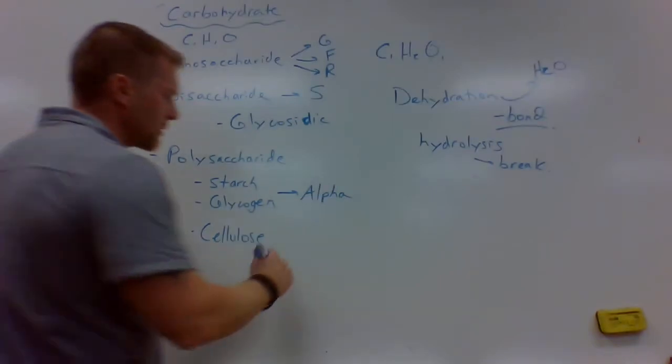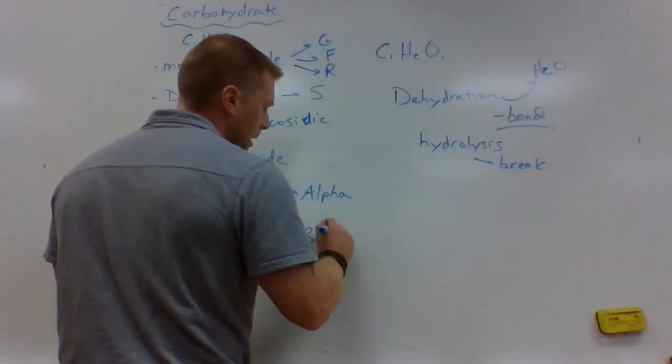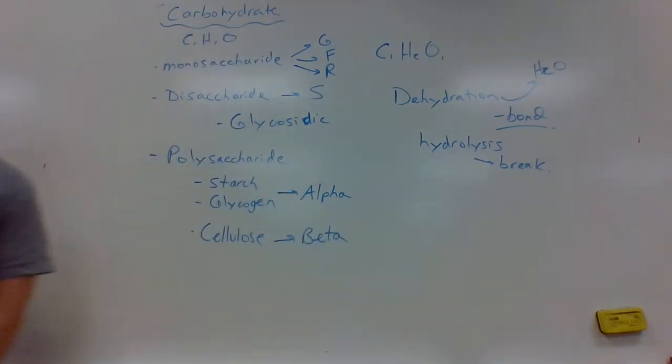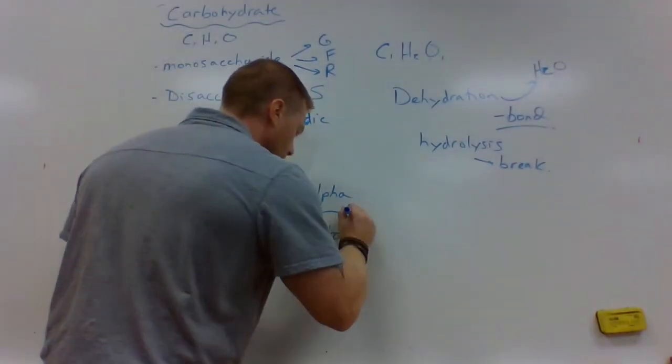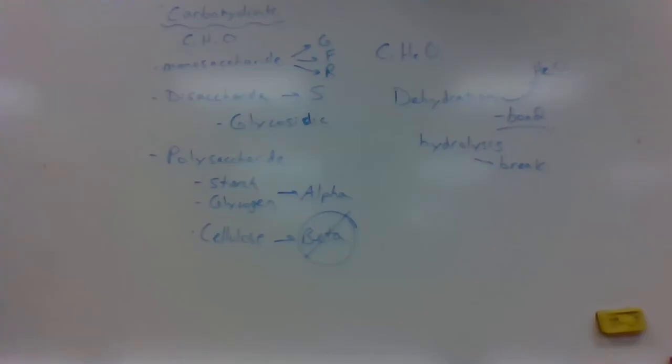And cellulose is going to contain beta glycosidic bonds. And we are not able to break down beta glycosidic bonds. So when we ingest cellulose or when we ingest fiber, it's going to go through our digestive system unbroken down, undigested, because we cannot break those beta bonds.